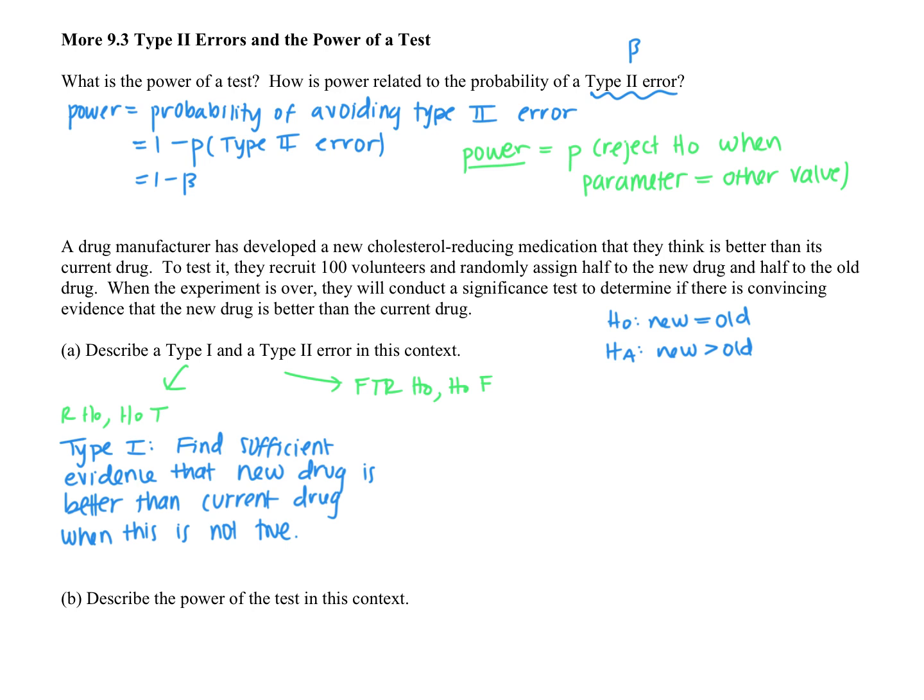If we fail to reject the null, we do not find enough evidence for the alternative. So type 2 error, we do not find sufficient evidence to believe the new drug is better than the current.